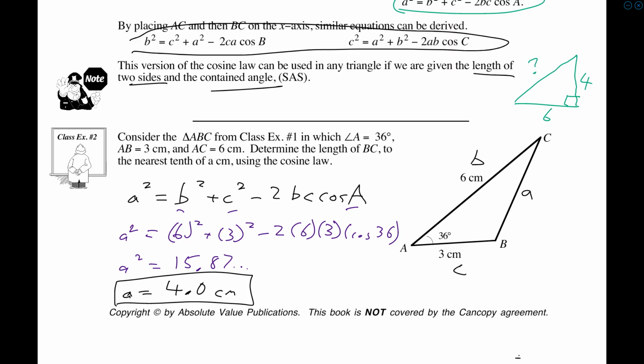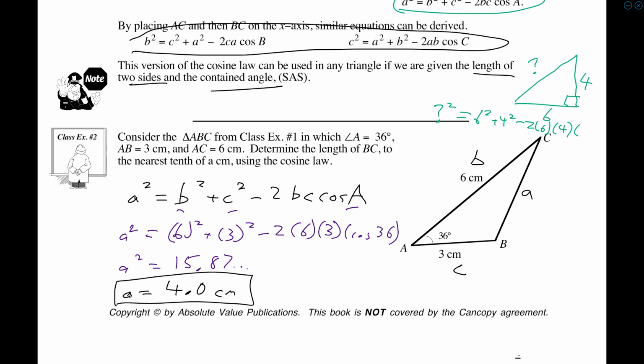Well, what would I end up putting in? 6 squared plus 4 squared, minus, if this is cosine law, right? So my question mark, whatever it is, equals 6 squared plus 4 squared minus 2 times 6 times 4 times cos of 90. Anyone remember cos 90?